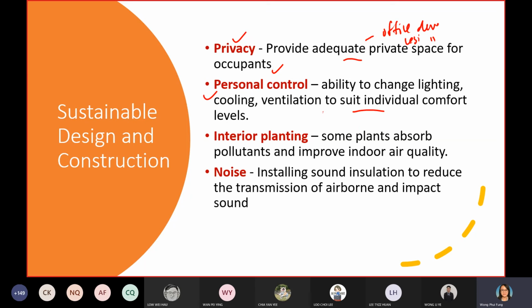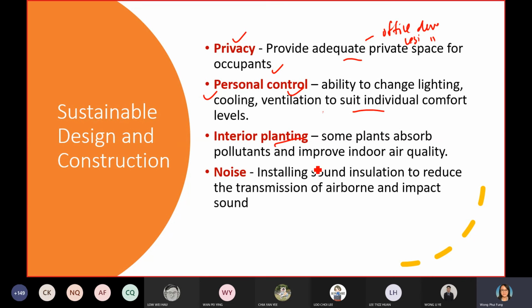So if the temperature is too high, it may not suit every person. That's why personal control lets the person have the ability to control their own temperature comfort. Because my temperature comfort could be different from yours. Let's say you put on the aircon, you need 16 degrees. But for me, 26 should be sufficient. So you can see that is a difference.